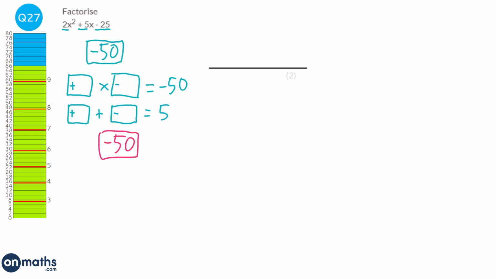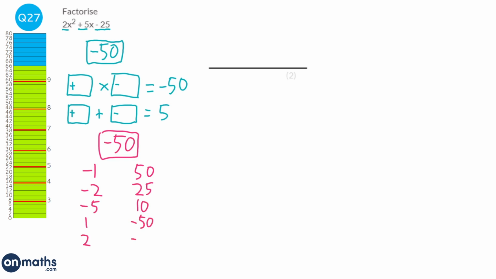So we've got minus 1 and 50. We've got minus 2 and 25. We've got minus 5 and 10. And then we've just got the exact same things but the other way around.